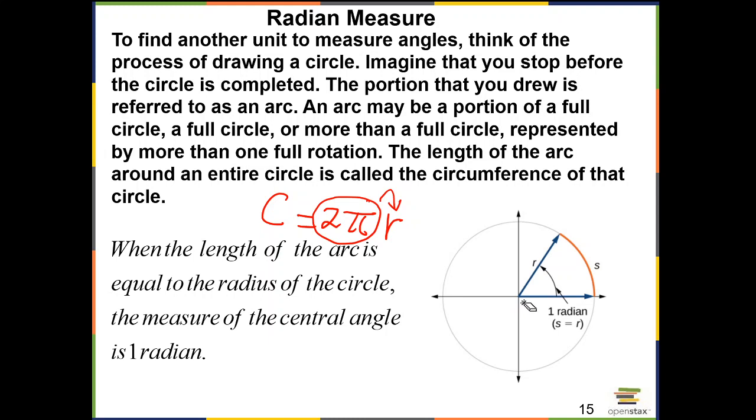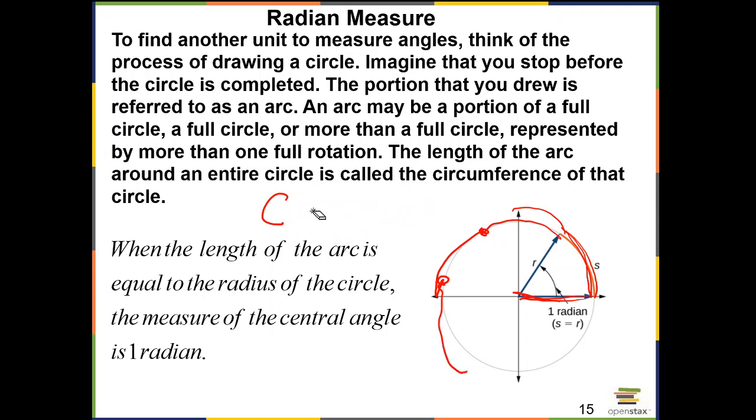If you measure the radius and lay it over the circle's circumference, that's one radius, and then you can make another radius, and then another, and so forth.